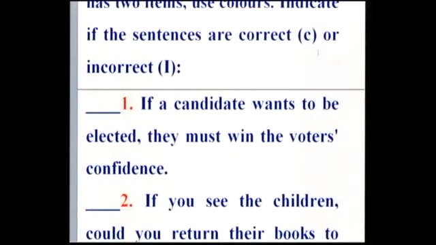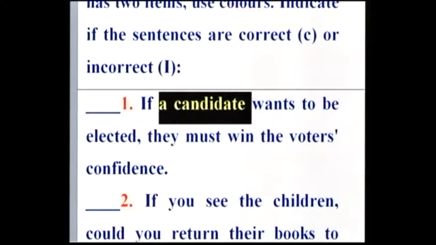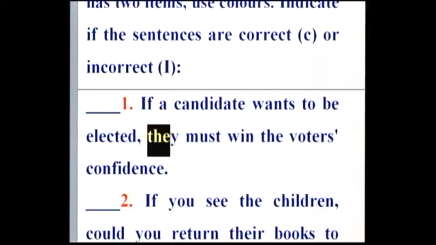If a candidate wants to be elected, they must win the voters' confidence. If a candidate wants to be elected, they دي عايدة على ايه؟ عايدة على candidate. This is plural.